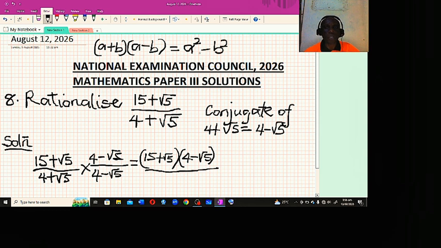So we shall use this idea to deal with the product of the denominators here. So this becomes 4 squared minus root 5 squared.